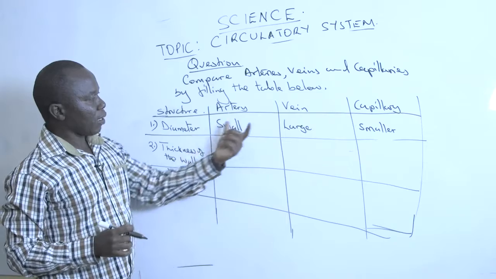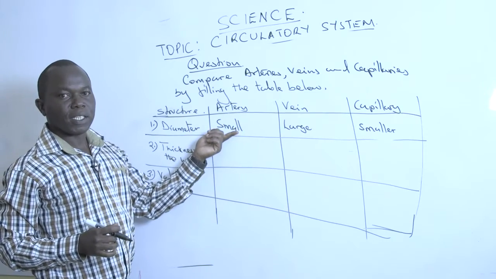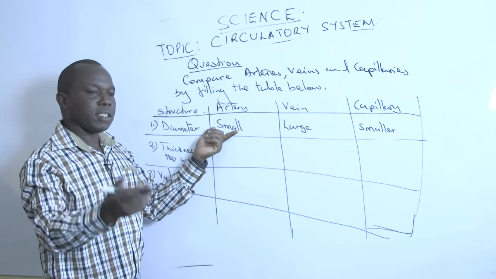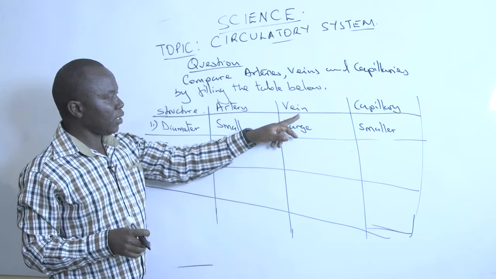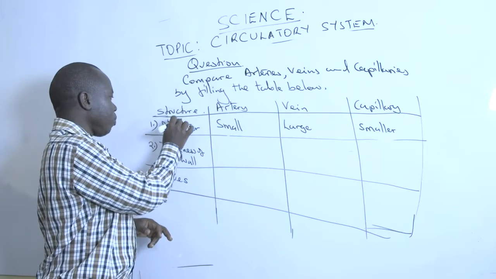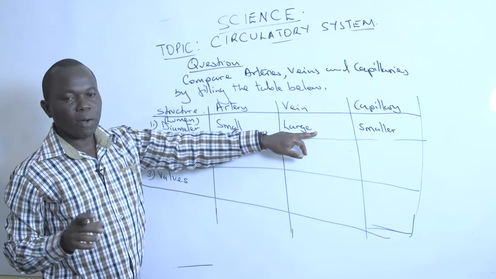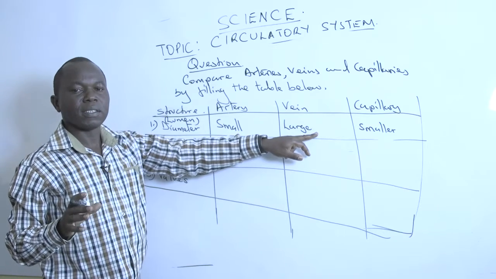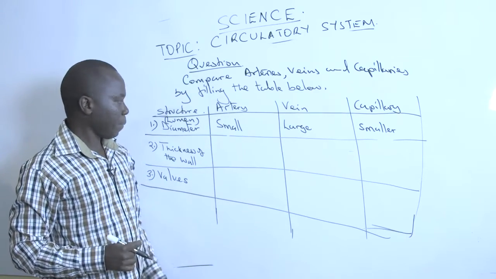And there's a reason why we have all this. Artery has a small diameter so as to create a high pressure that can increase the pushing of the blood. Veins usually have a large diameter or lumen, so that it can allow blood to flow freely back to the heart, since the blood has lost pressure along the way.